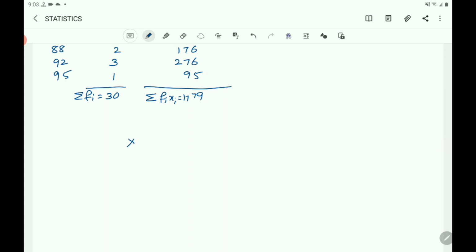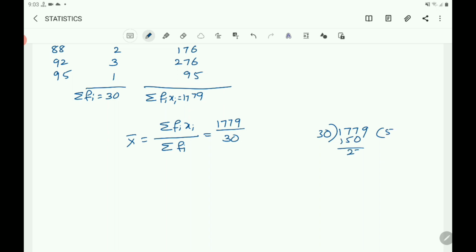Use the formula x bar equals summation of fi xi by summation of fi. So you will get 1779 divided by 30. If 1779 is divided by 30, you will get 59.3.